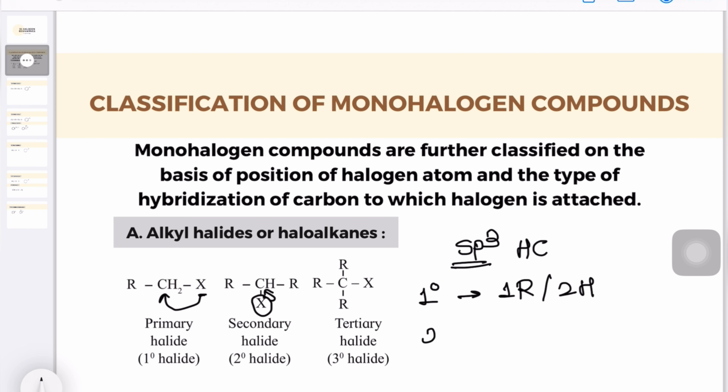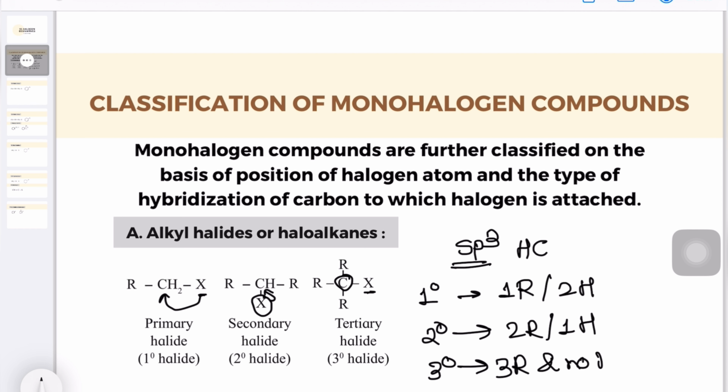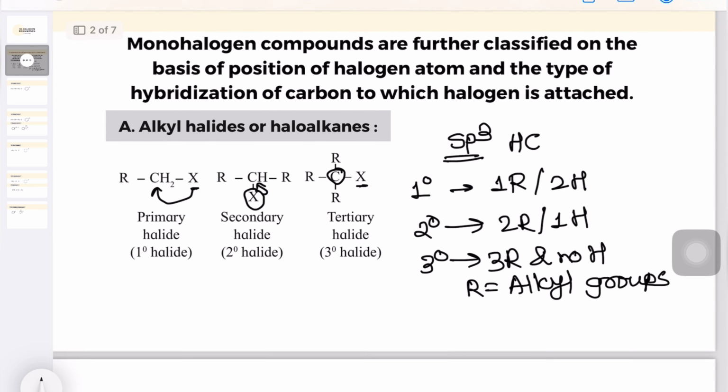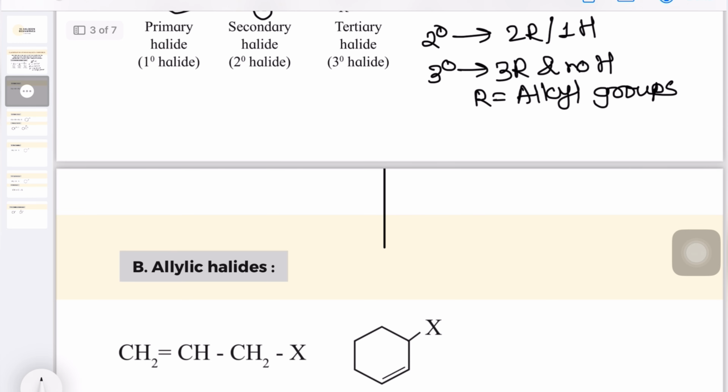Next, secondary halide means the halogen atom is attached to a carbon containing two R groups and one hydrogen, and in a tertiary halide the halogen atom is attached to a carbon containing three R groups and no hydrogen. This R represents the alkyl groups. So these compounds are known as alkyl halides or haloalkanes.